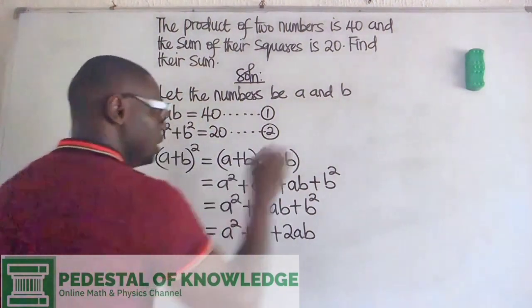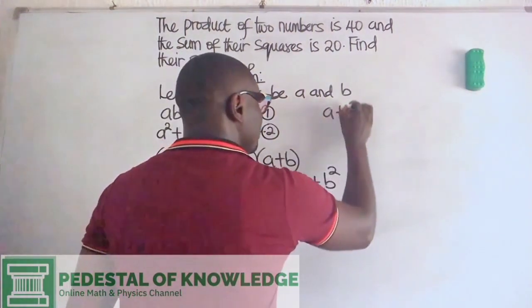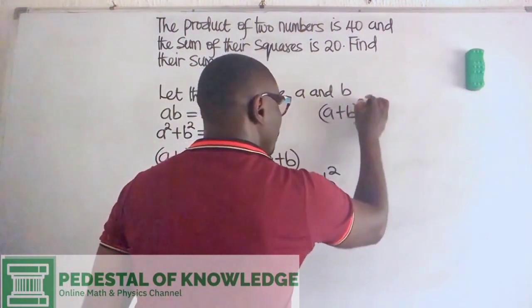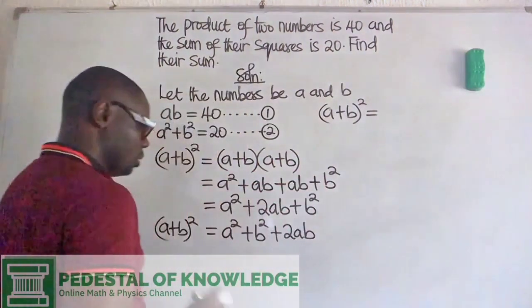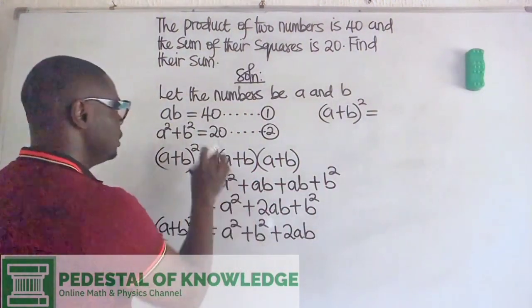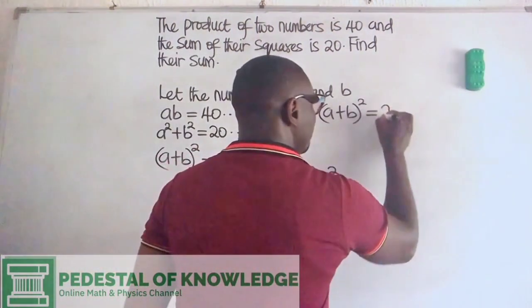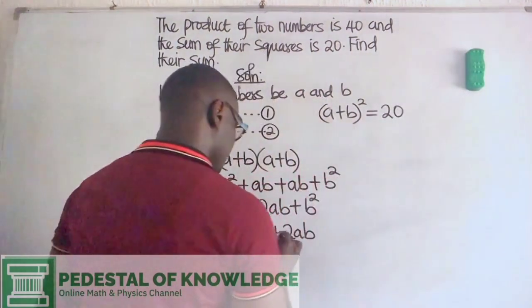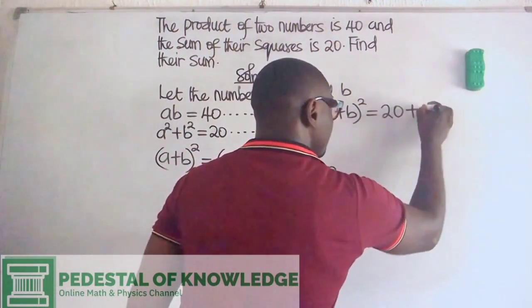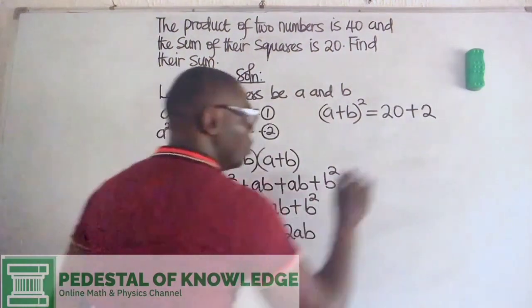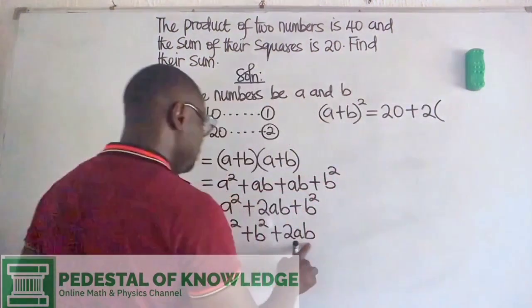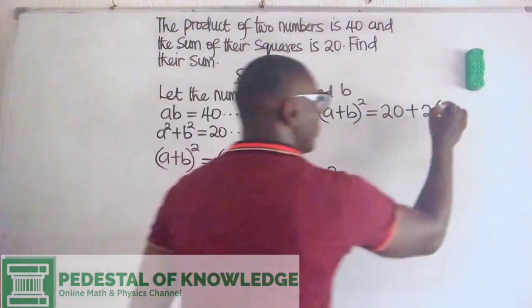So A plus B all squared is equal to A squared plus B squared, which is 20. So we are going to replace it with 20. Then plus 2, that is this 2, multiplied by AB, which is given to us as 40.